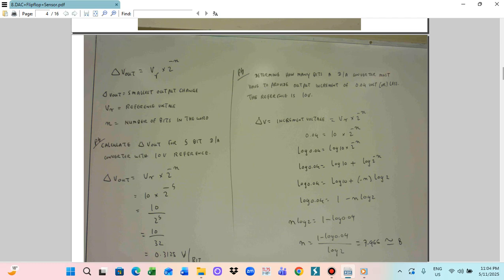VR is the reference voltage, and n is the number of bits in the word. So this is the equation for the relation between the output voltage change, the reference voltage, and the number of bits.